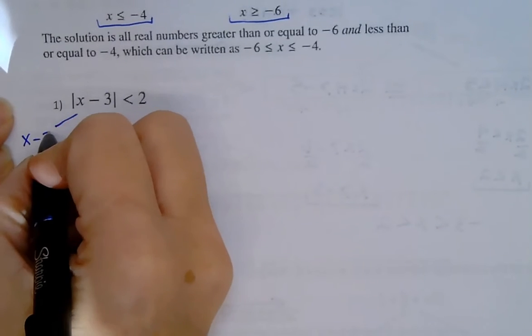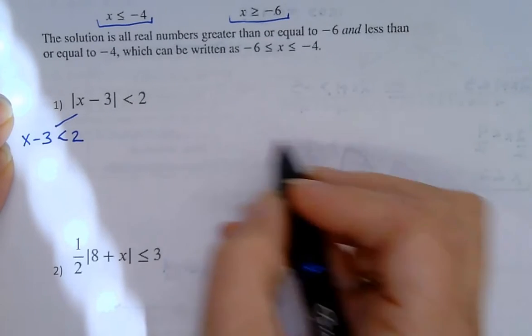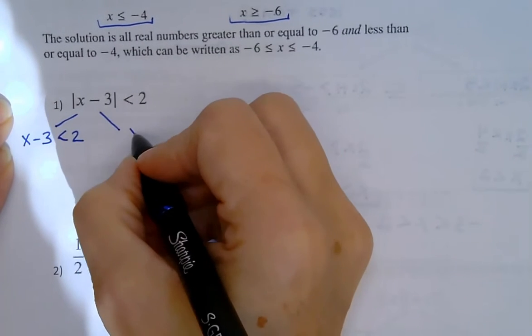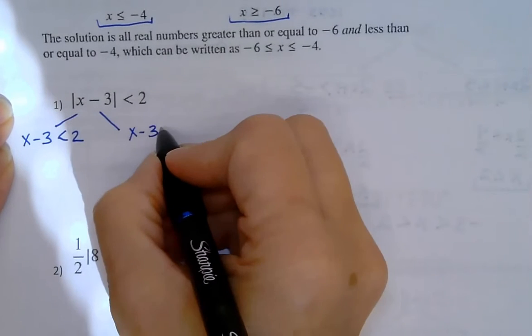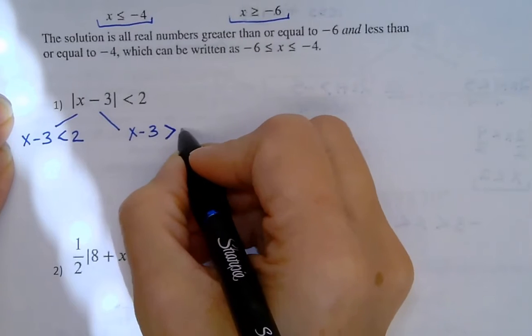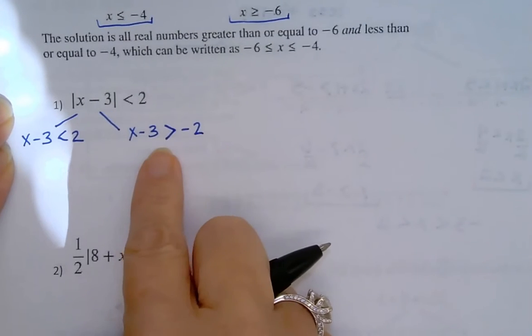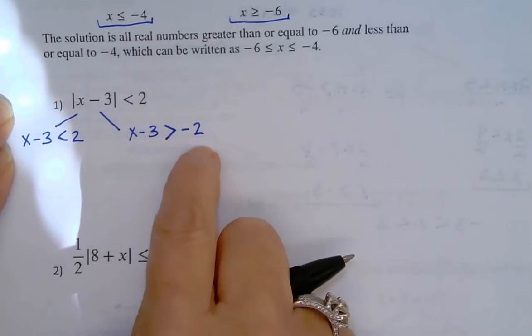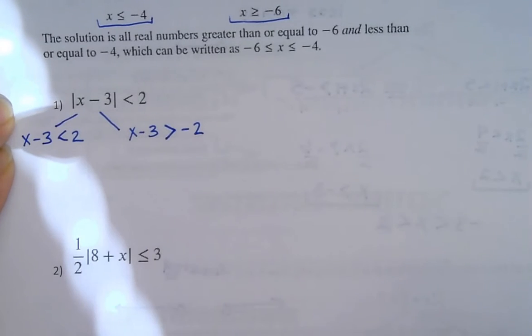I just take away my absolute value bars and keep everything the same the first time. The second thing, I'm going to say x minus 3, but here's where things change. I need to say that this is greater than negative 2. Okay, I'm flipping my sign and I'm changing the positive or negative of my constant.